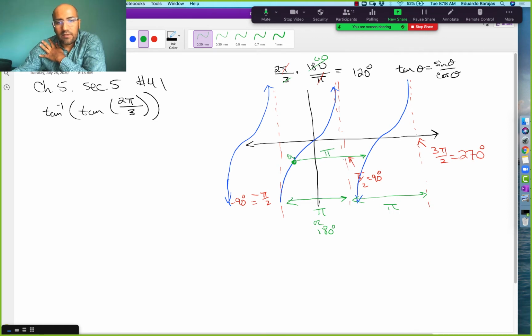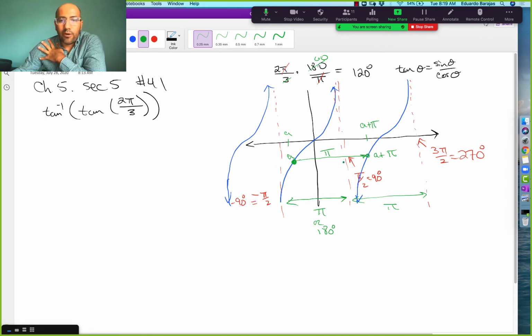So if this is a, then this one's going to be a plus pi, the x coordinate. Good, that's important. Or the other way around, if you want to go backwards, you subtract pi.